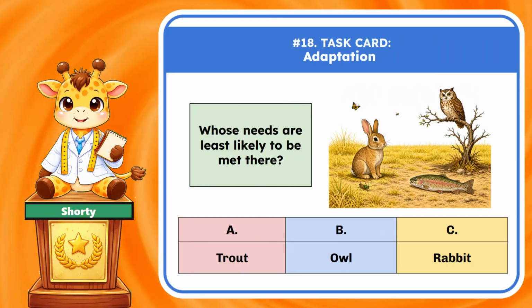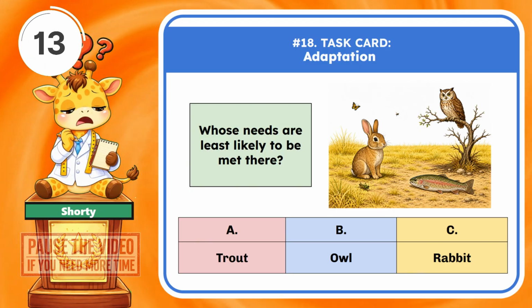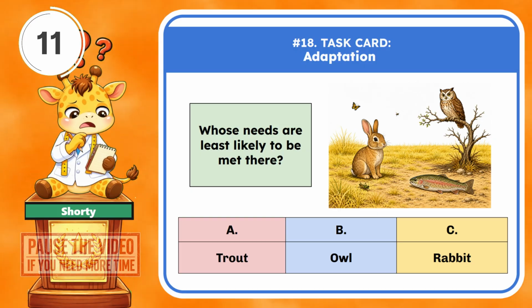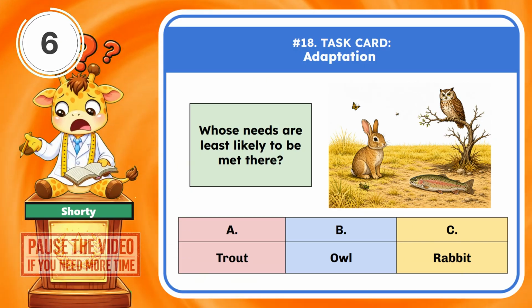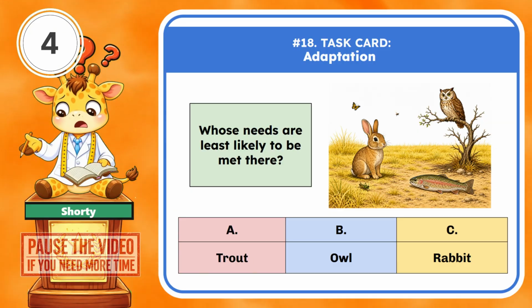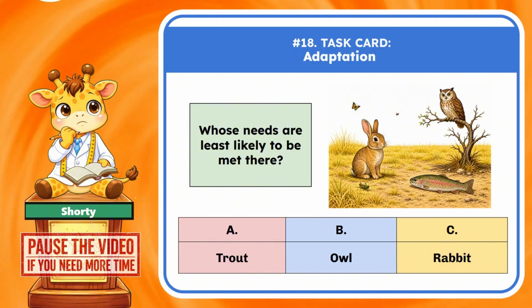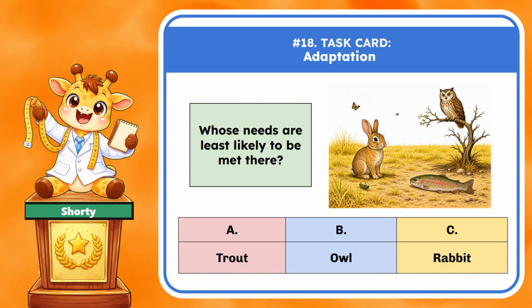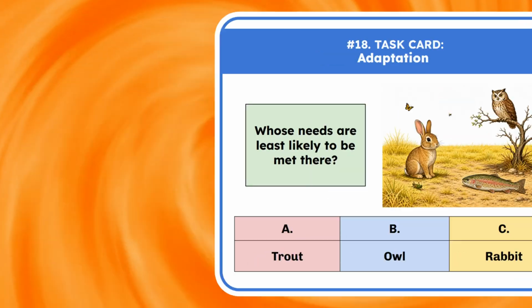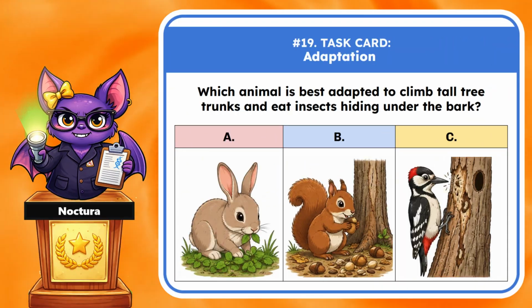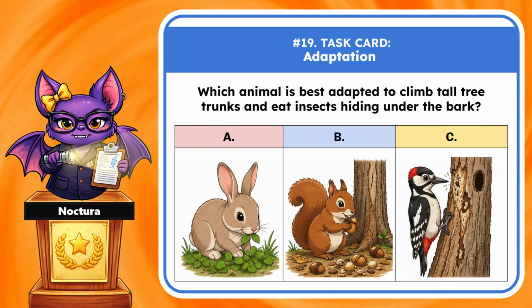Whose needs are least likely to be met there? And the correct answer is letter A, trout. Which animal is best adapted to climb tall tree trunks and eat insects hiding under the bark?